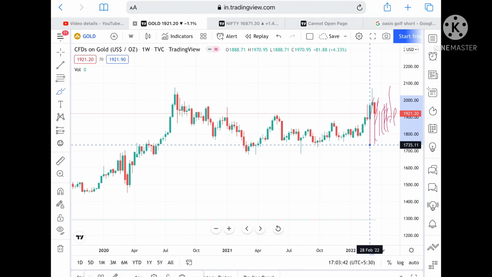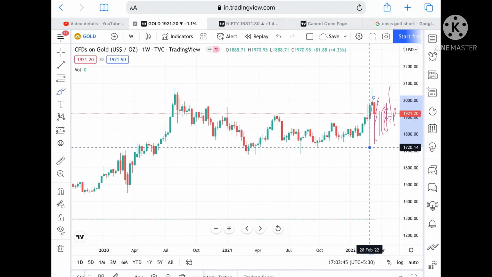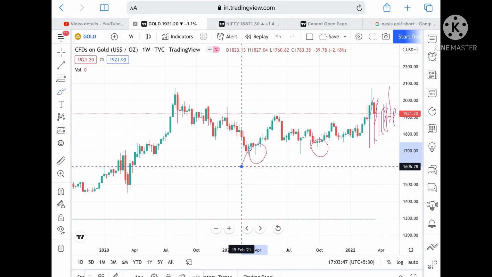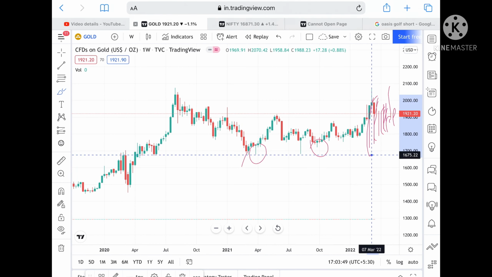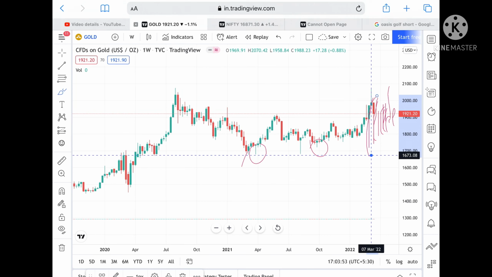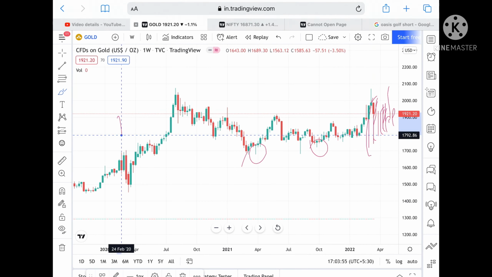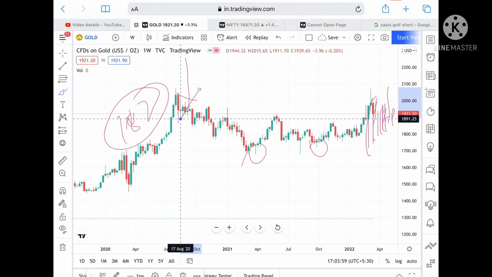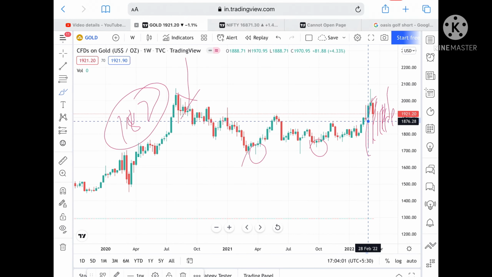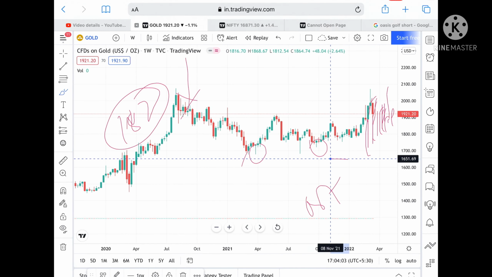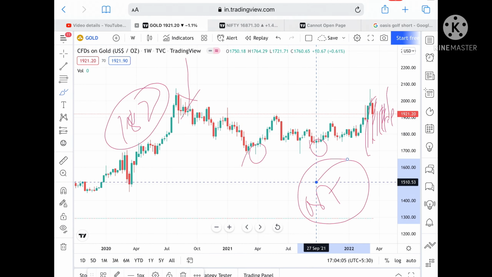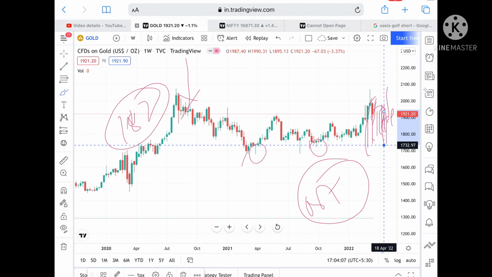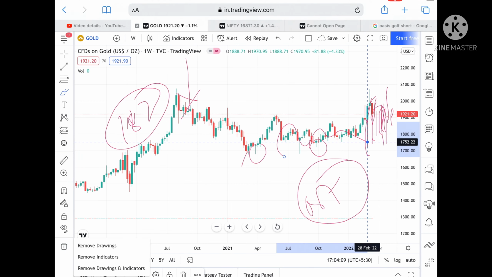If the price goes below this level, it can touch a level of 1720, which is already being tested here, so the chances of going further low, below 1700, are high. If it goes below 1876, the trend will change towards the lower side, and then it will move in this particular range.